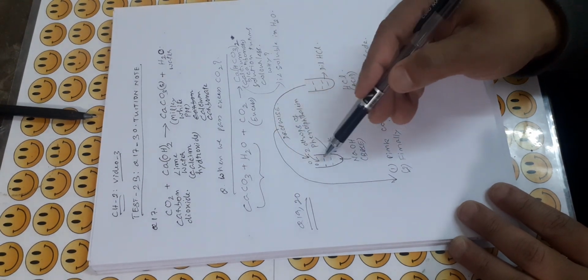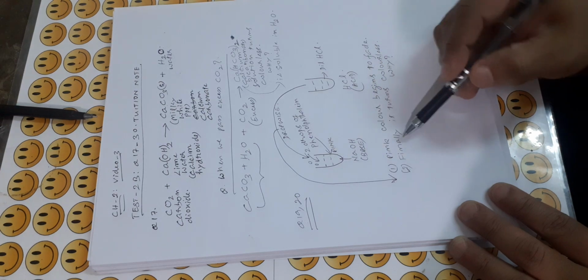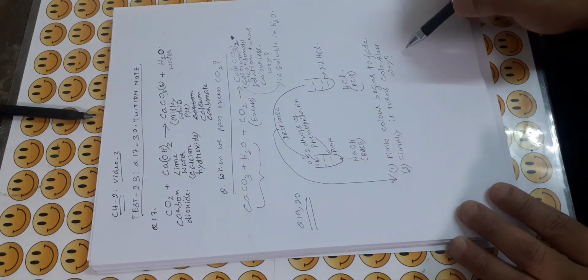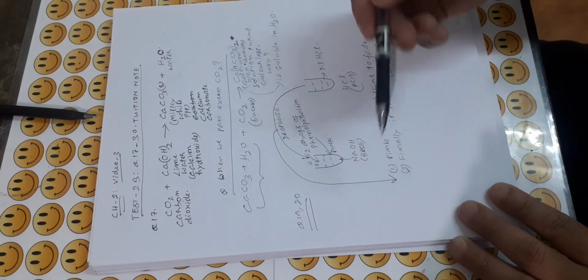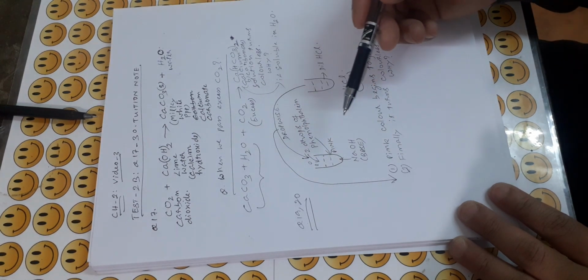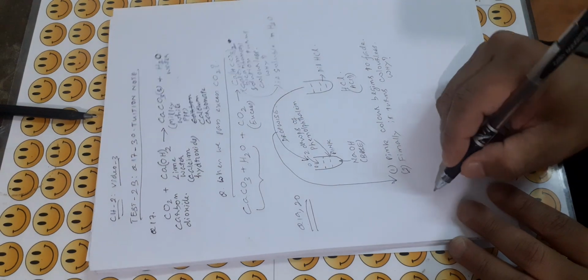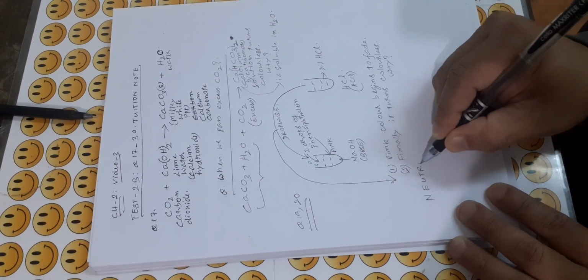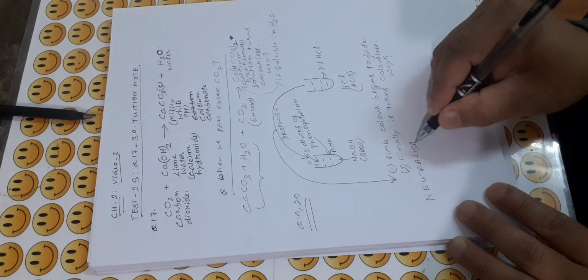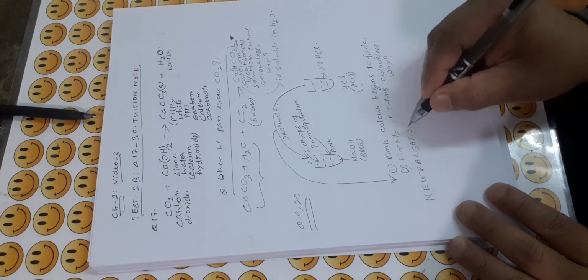Because the strength of acid is higher than the base, after some point of time it has turned colorless. So this reaction where the acid is poured slowly to cut the action of base is called neutralization. Okay, so neutralization. So let us now write the equation for the experiment we have done just now.